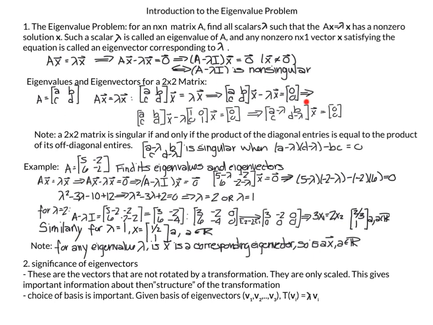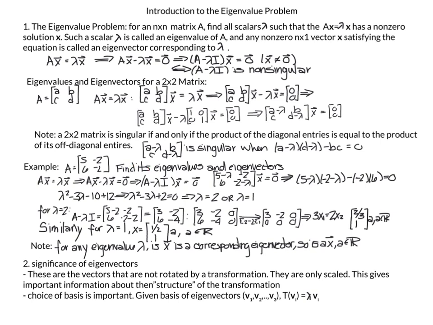And we have this example here. We started with a 2 by 2 matrix, and then we have this note that this matrix here is singular if and only if the product of the diagonal is equal to the product of the off diagonal. So we got this equation here, which, if you've done determinants, is exactly the determinant.